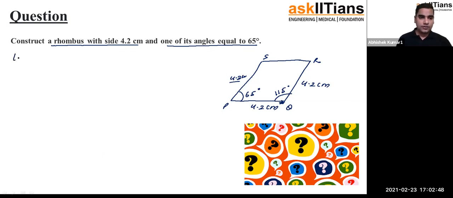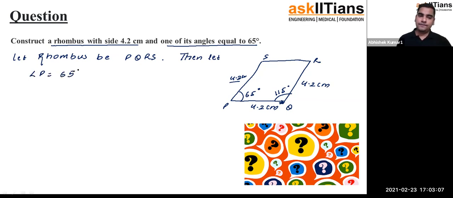So let the rhombus be PQRS. Then I'm assuming angle P is equal to 65 degrees. Clear? Therefore, what will be the value of angle Q? Angle P plus angle Q will be equal to 180 degrees, co-interior angles.